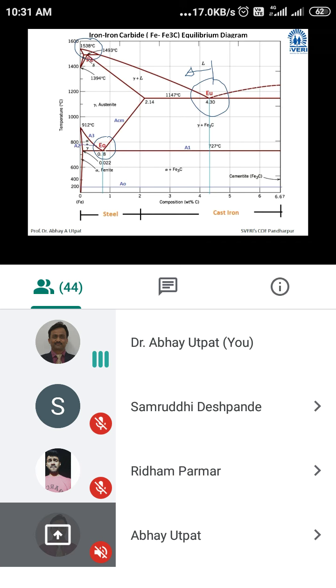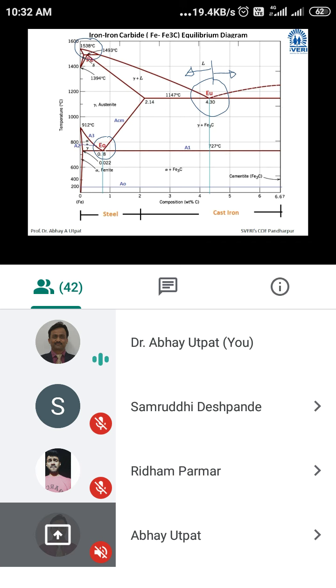These are hypoeutectic alloys and right hand side are hypereutectic alloys, and exactly 4.3 percentage of carbon is eutectic alloy. Okay, now I will explain you how to draw this. Before that, one more point is here.